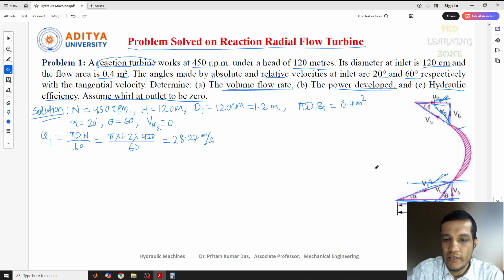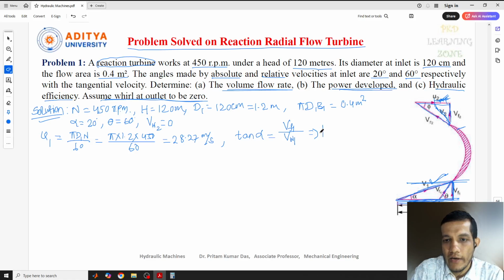Now the inlet velocity triangle, if you see this one. From this triangle, let me consider the formula of tan alpha. Instead of sin alpha, cos alpha, I'll go directly for tan alpha. Tan alpha I can represent as the flow velocity with respect to the base, which is VW1.